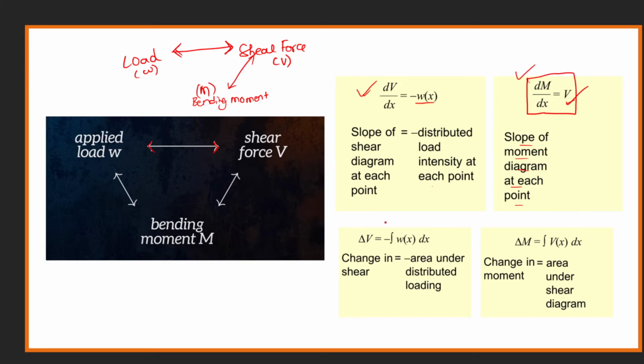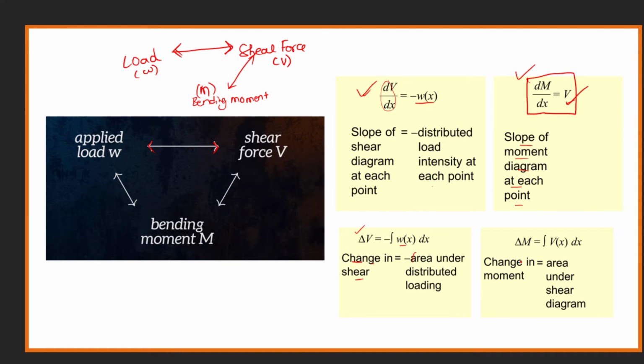So the other way of writing this, if you want to find out the change in shear, you will have to integrate the negative load function. All you are doing is just sending d by dx to the other side, and it will become an integral. And how do you read this? Change in shear is equal to the negative area under the distributed loading. So you can find out the area under the load, and it will give you the shear force.